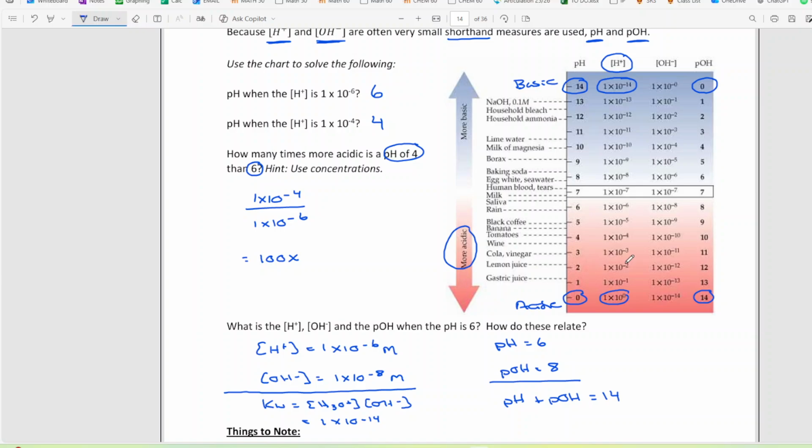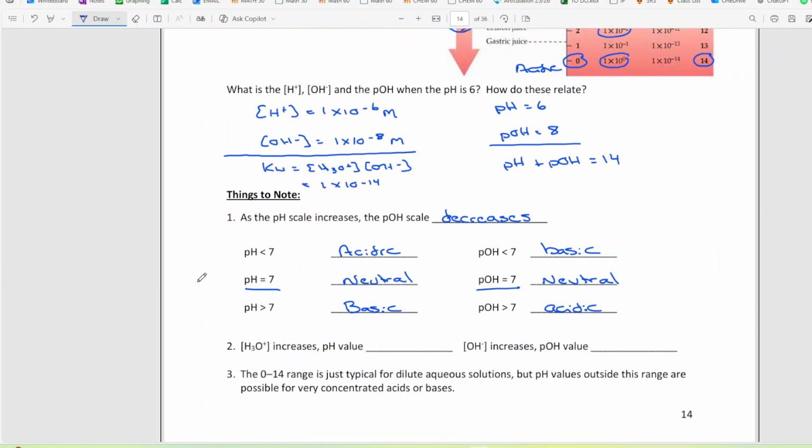Whereas when you go up to something like 1 times 10 to the negative 2, you have more hydrogen ions in solution, but your pH is smaller. So to generalize that, as the hydronium or hydrogen ion concentration increases, the pH value decreases and it becomes more acidic. So more hydronium, lower pH, more acidic.